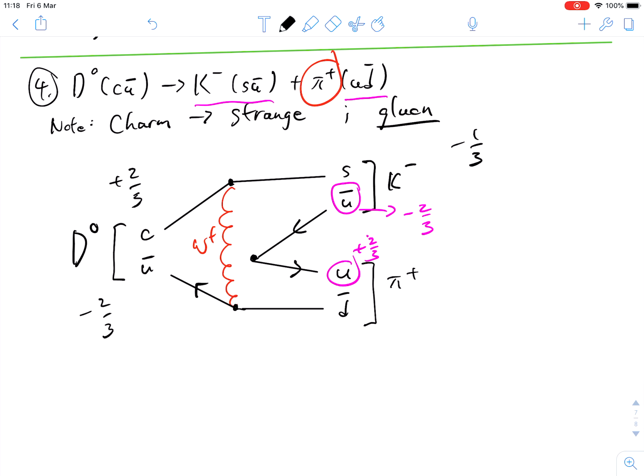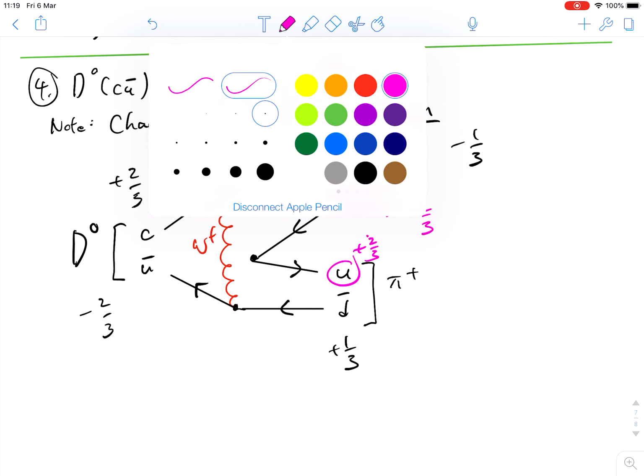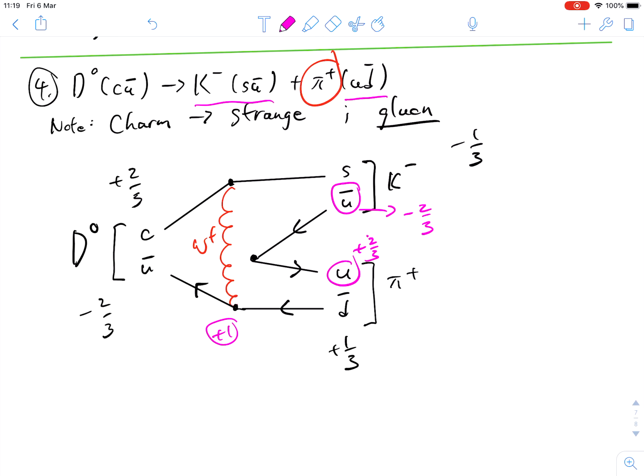We have an antiparticle and an antiparticle, so arrow in, arrow out. Anti-down is plus 1/3, right? So that is actually working together. We've got a plus 1 here, right? So this plus 1 is converting the anti-up into the anti-down. And what is happening here is actually a gluon that's forming this guy.